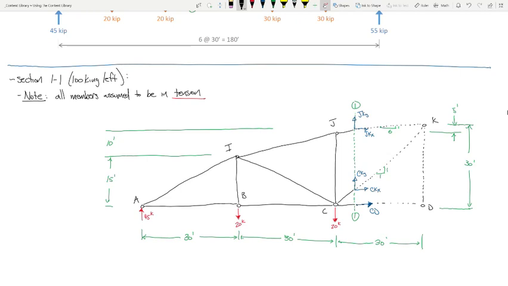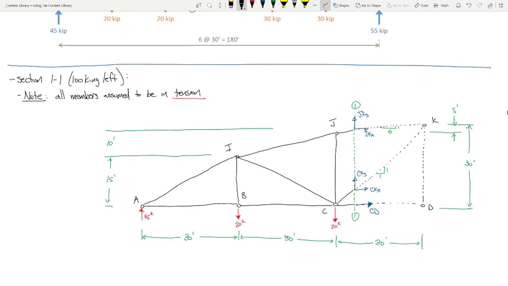Now, whenever we were solving for support reactions, remember when we applied sum of moments, we were kind of choosy about that. We would pick a point about which to sum moments that eliminated a lot of unknowns. Like, with a simply supported beam, we would sum moments at the left support so that we could solve for the reaction at the right support, because it eliminated that unknown, because the forces went through that point, right?